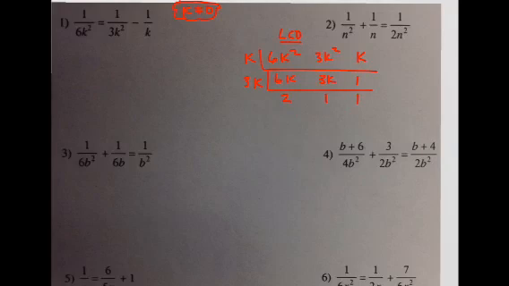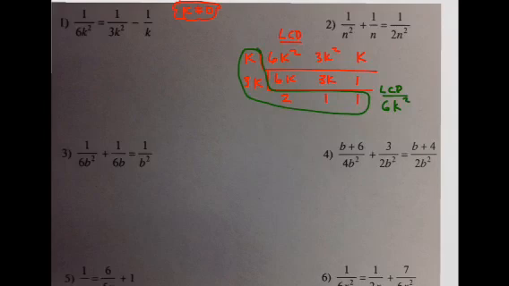So the LCD would be the product of these terms. So that gives you, for this problem, 2 times 3 is 6, k squared. And that's what we're going to multiply each term by on number 1.